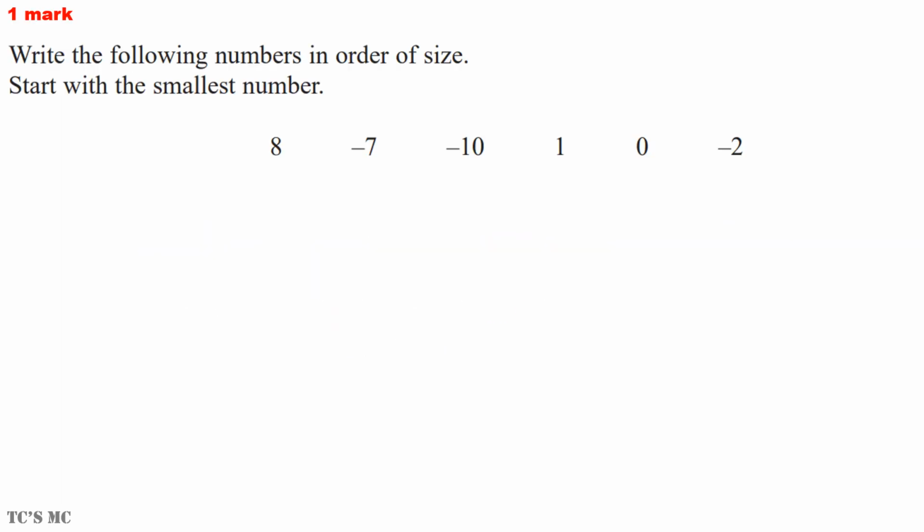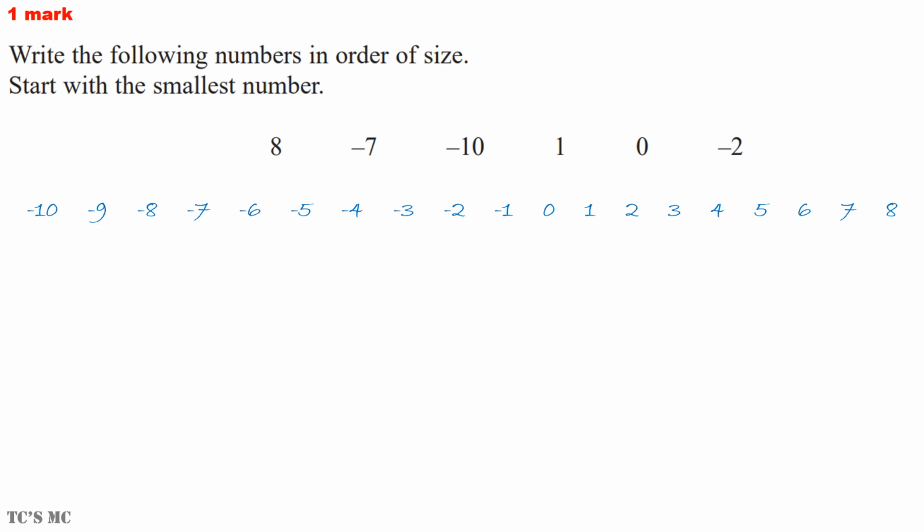Write the following numbers in order of size. Start with the smallest number. When ordering positive and negative numbers, I like to draw out a number line. Now I'm going to place all the numbers from the list.